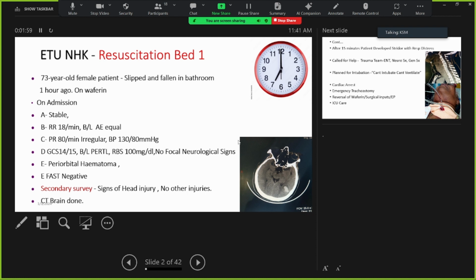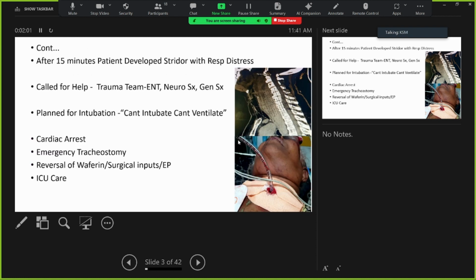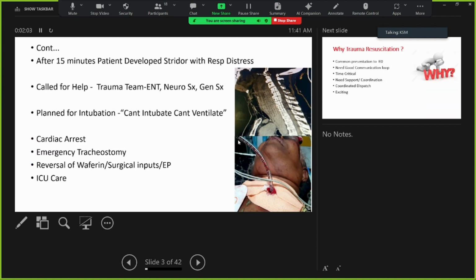The CT brain was done, and after about 15 minutes, when the patient was arriving from the CT, we noticed that the patient was having a bit of respiratory distress and found out that the patient was developing a stridor.